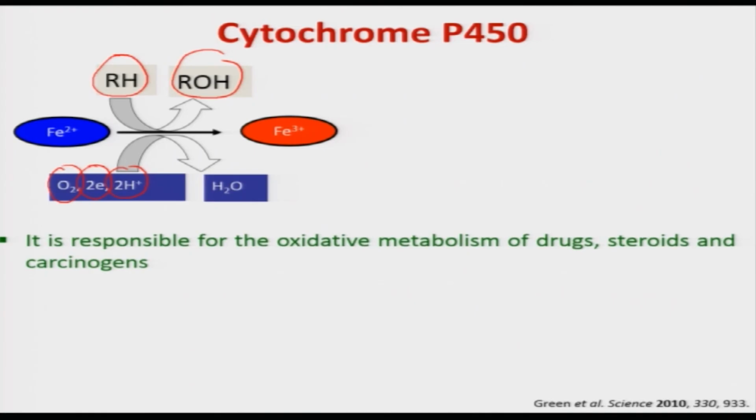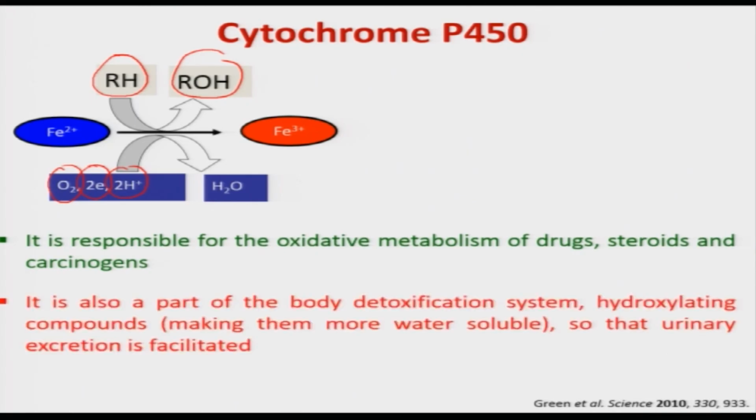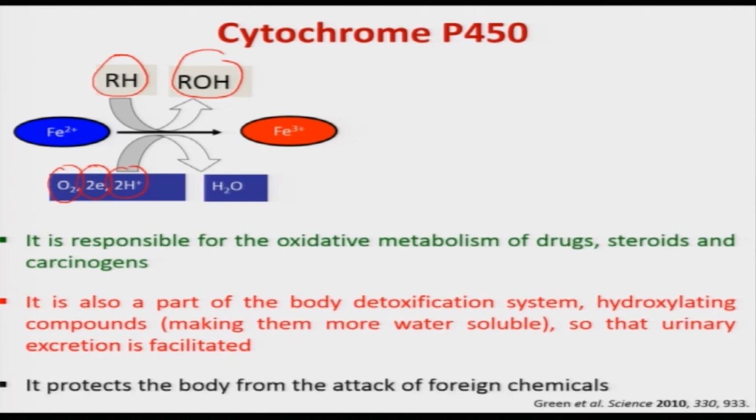It is responsible for the oxidative metabolism of drugs, steroids and carcinogens. It is also a part of the body's detoxification system, hydroxylating compounds, making them water soluble, so that they can easily be excreted through urine. In other words, it protects our body from the attack of foreign chemicals.